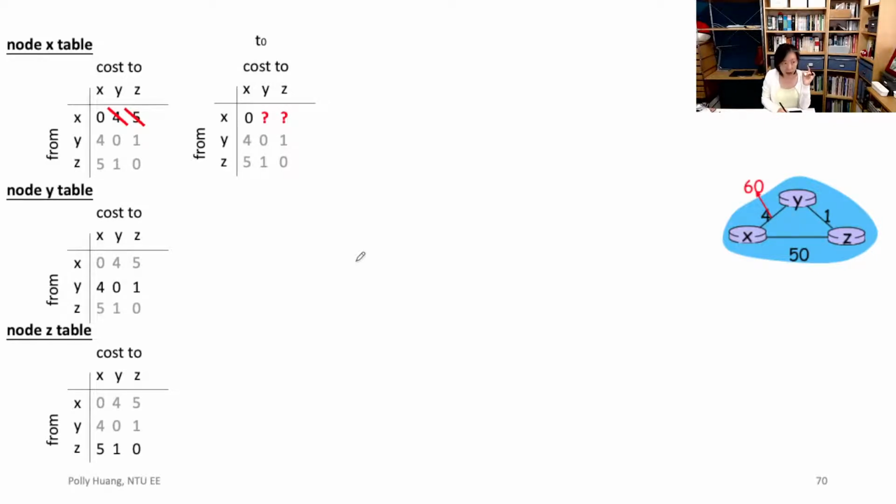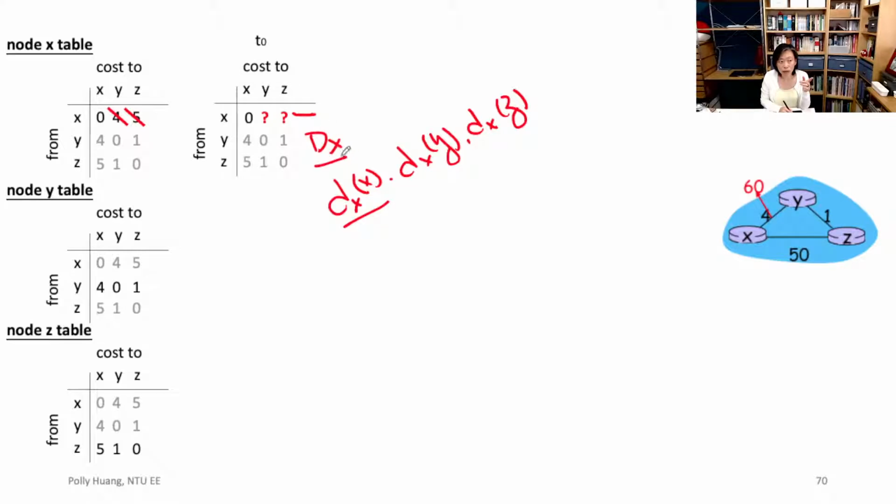Let's focus on node x and calculating dx. In dx, we have three entries: dx,x, dx,y, and dx,z. dx,x is always trivial, which is 0. Therefore, to recalculate dx you are essentially recalculating these two entries, question mark number 1 and number 2.